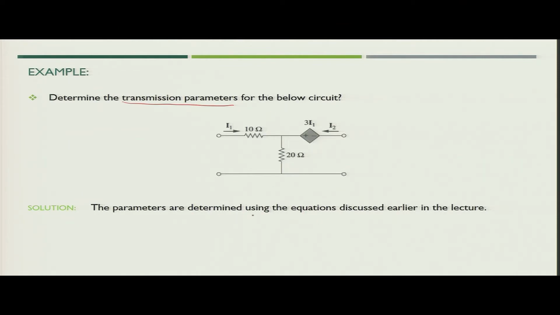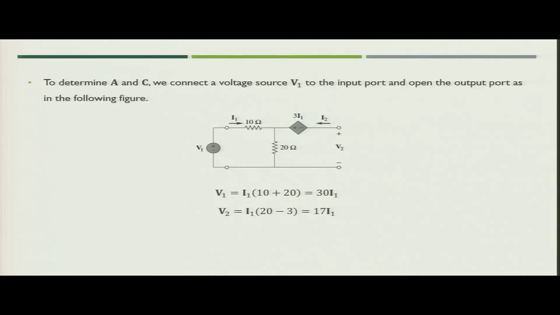So, we will use the equations and we will set first the output port as open circuit, and then short circuit to find out the circuit parameters. So, now in the first case, we are opening the output port and at the input port we have a voltage connected, that is V1.